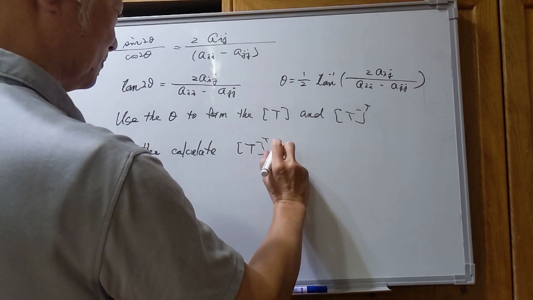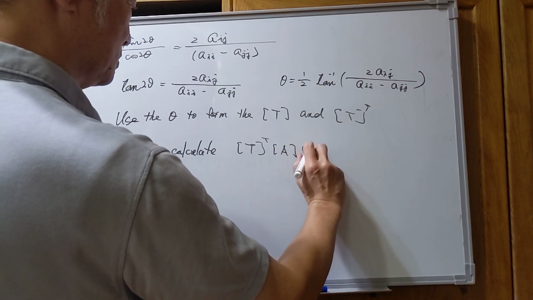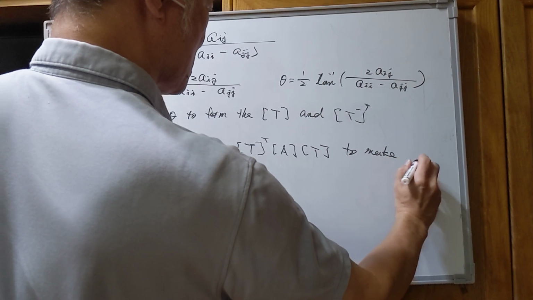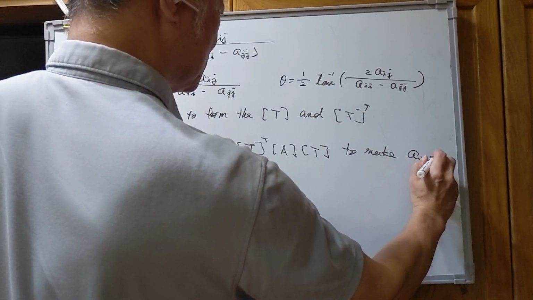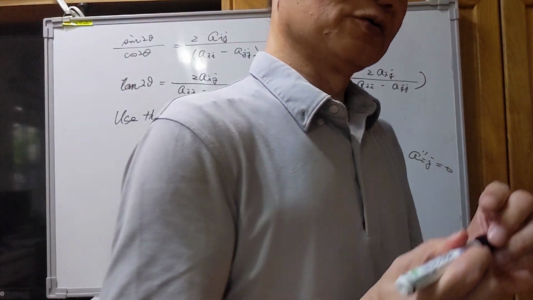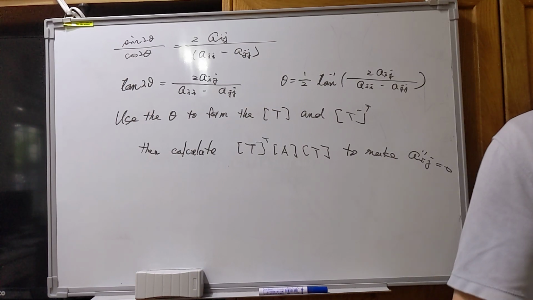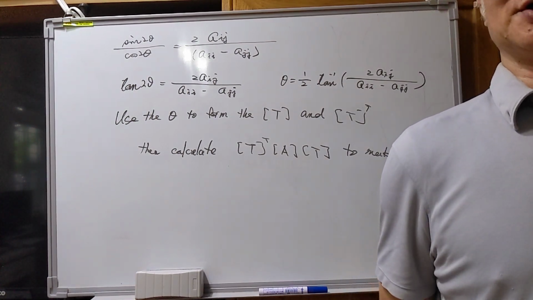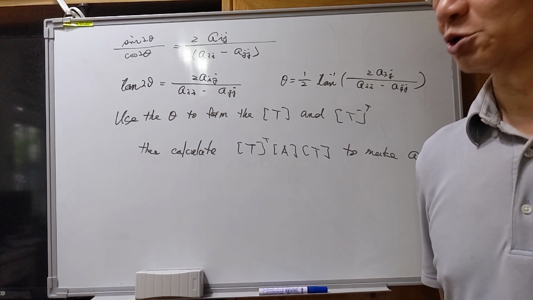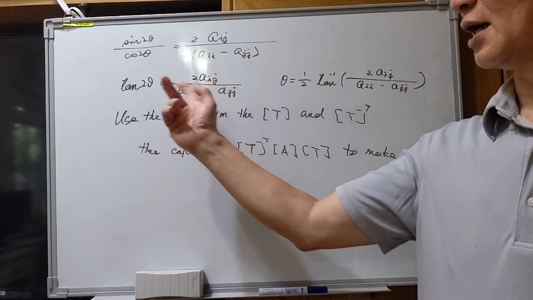T transpose A T to make A_ij equal to 0. Okay, so after we find the A_ij element, which is the maximum absolute element of the matrix, then we can calculate theta.